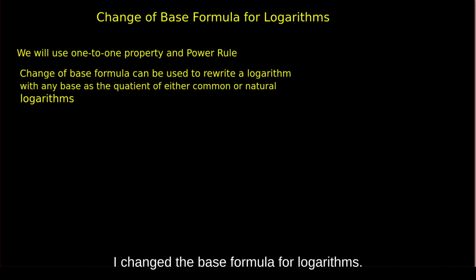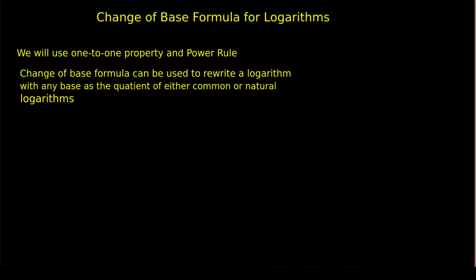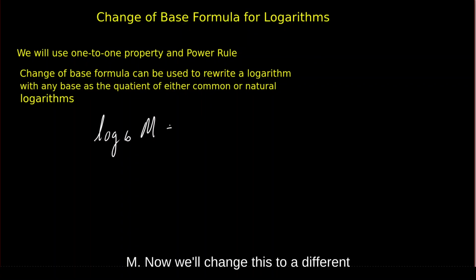Change of base formula for logarithms. I'm going to be using the format here of log base b of m. Now I'm going to change this to a different base. Now we have to rewrite it either in a logarithm of a common or a natural log.